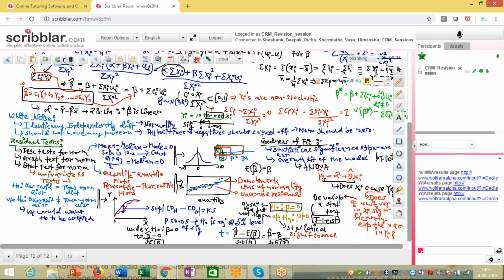So one relationship that we can clearly state here is, if t is higher, then the p-value will start getting lower.